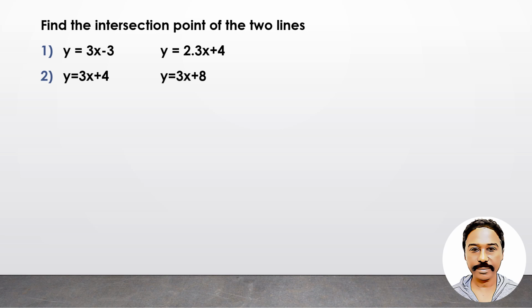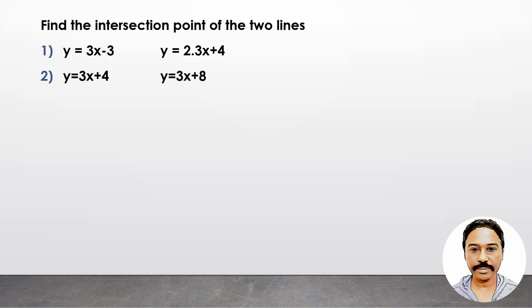Two lines intersect in one point if the values of x and y are equal in both equations at that point. That means we have to take the formula of y from one line and substitute it in the other one to find the value of x.